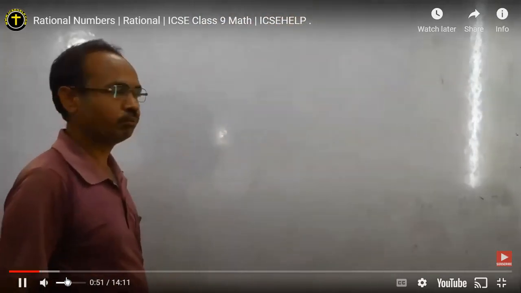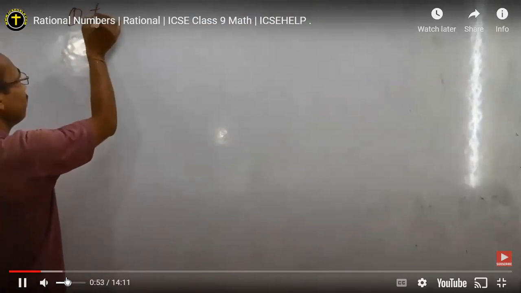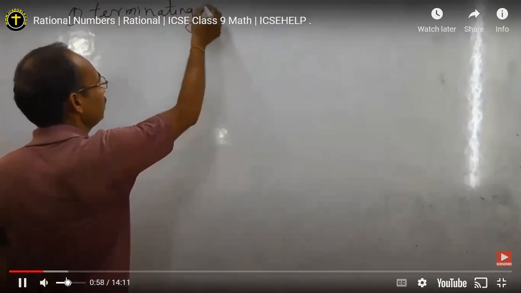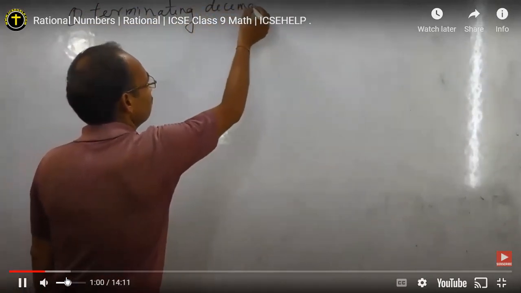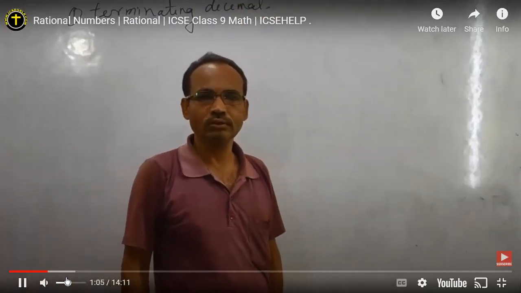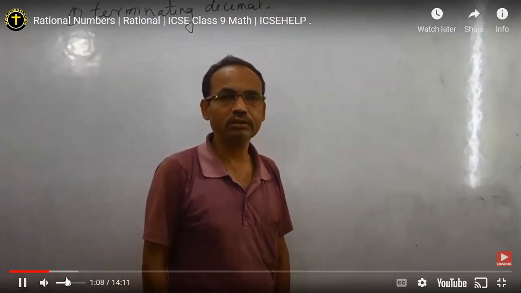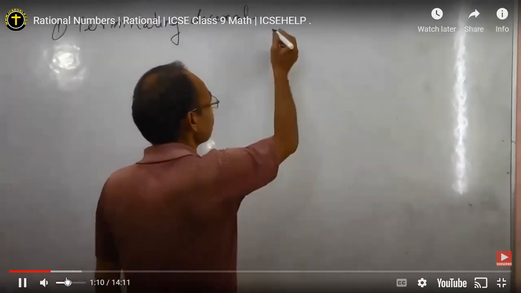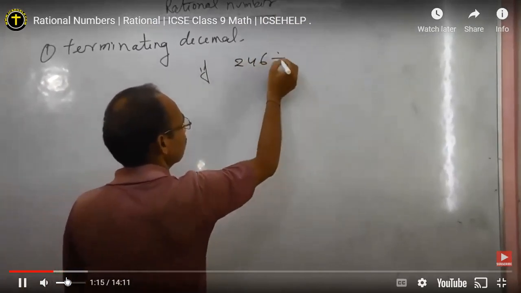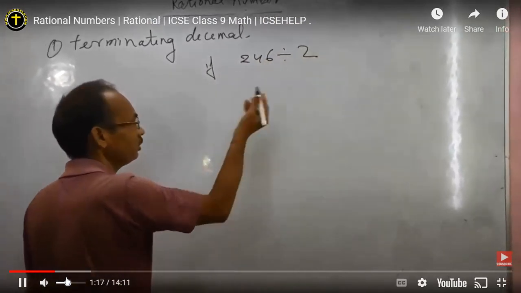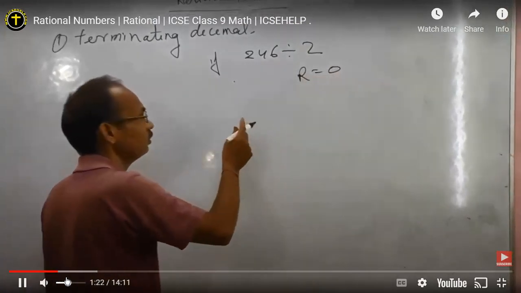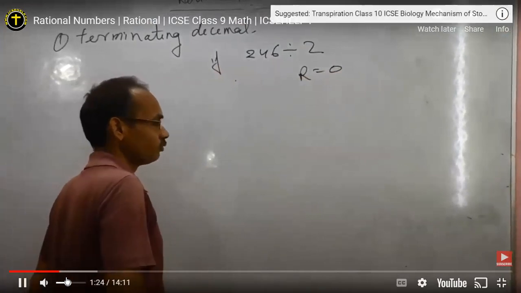There are many topics. First of all, the topic is terminating decimal. What is a terminating decimal? A terminating decimal is a number in which, after dividing, the remainder is 0. For example, if 2, 4, 6 are divided by 2, the remainder is 0. Hence, it is a terminating decimal.